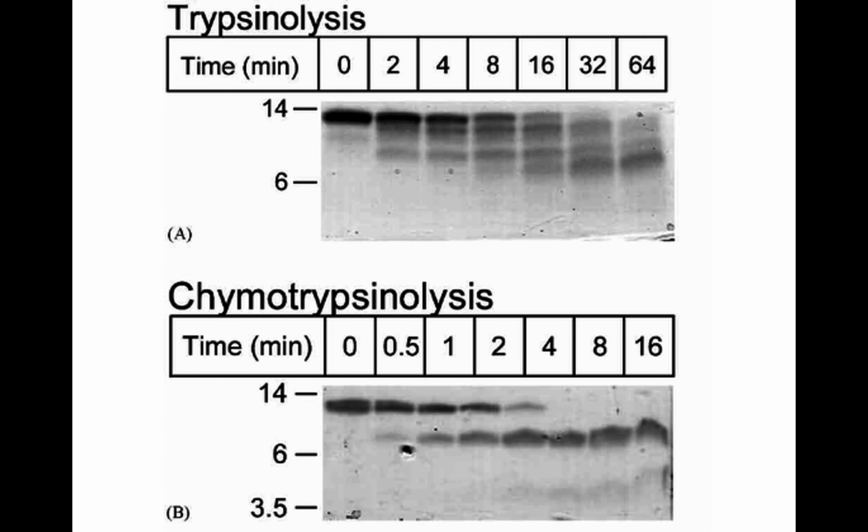So I will basically just more or less leave you with this diagram, or this picture from a journal in 2009, 2010, I actually don't remember. The difference is when you cleave the same protein with trypsin versus chymotrypsin. We know that trypsin and chymotrypsin come from the same family.